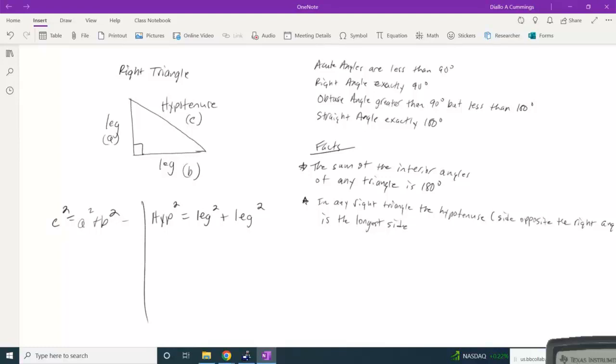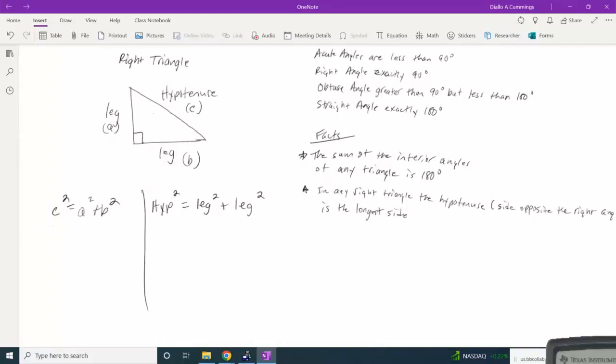Now, when we're solving these triangles, trying to find these side lengths, we never find C squared, we always find C. So if I take the square root of both sides, out pops this first formula: C is equal to the square root of A squared plus B squared. I simply take the square root of both sides.